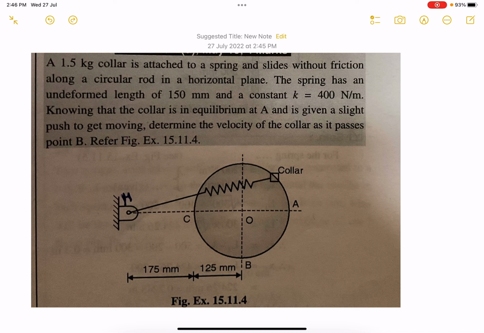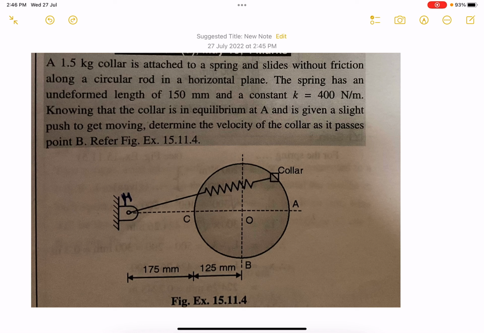Knowing that the collar is in equilibrium at A and is given a slight push to get moving, determine the velocity of the collar as it passes point B. So the velocity at point B is what you are asked.